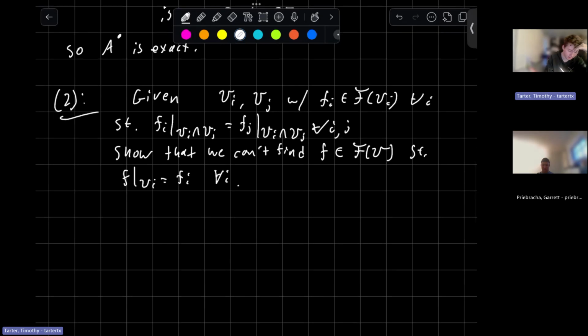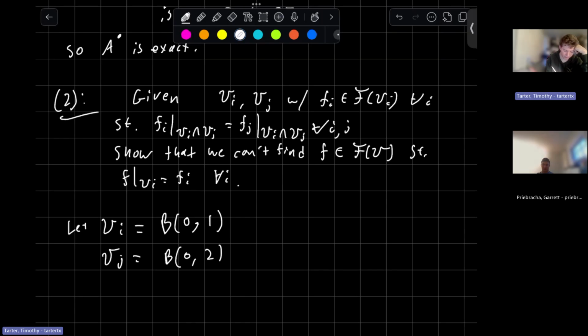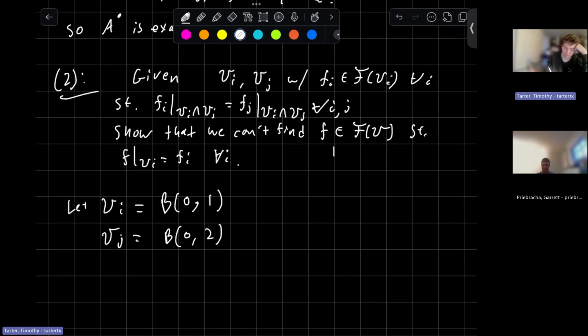First, let's lock down. Let U_I be the ball around 0 of radius 1. Let U_J be the ball around 0 of radius 2. Because what this does is, in the complex plane, this gives us... I did not draw a polygonal shape that badly.